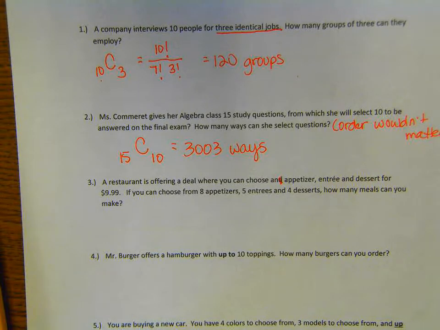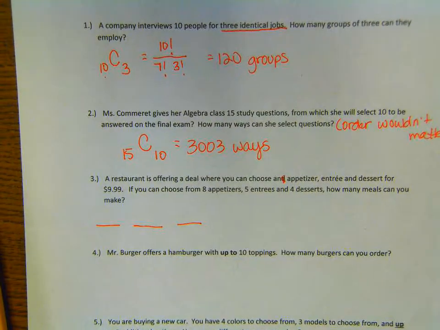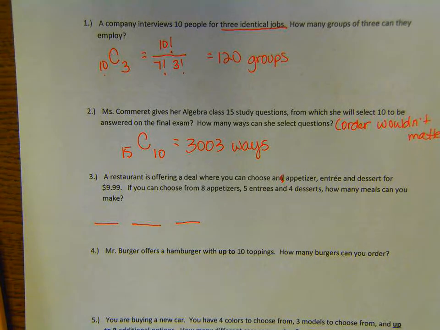How many things are you going to get when your meal comes, or the entire deal? 3. Think of, you have 3 groups of things. We have appetizers, entrees, and desserts. How would I figure that out?